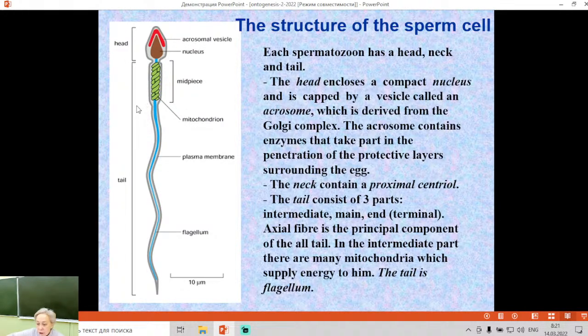The head encloses a compact nucleus, you see brown on this slide, and is capped by a vesicle called acrosome vesicle, red on this slide, which is derived from the Golgi complex. The acrosome contains enzymes that take part in penetration of protective layers surrounding the egg.